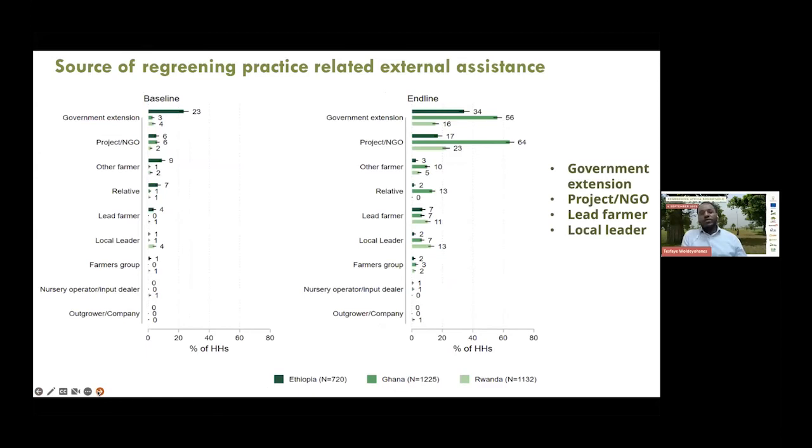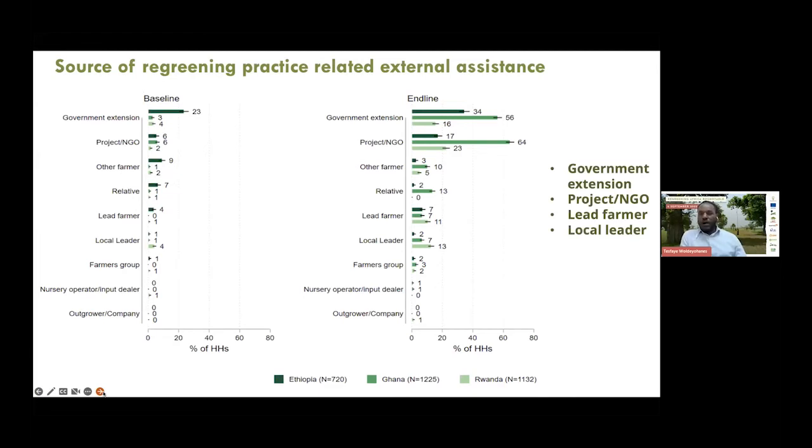To also link how this can be traced back to the Regreening Africa related intervention models, we have asked the households who has provided them with this support. The majority of households in Ghana and Rwanda indicated that they have been reached through project or NGO and government extension.